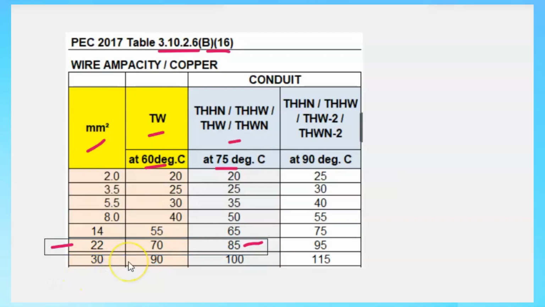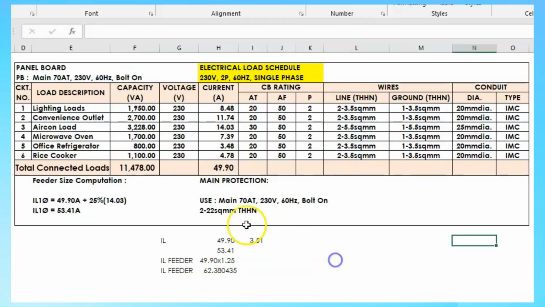If there is an expansion or something to add, it is much better to have an allotment for future additional loads. So we have 22 square mm THHN.